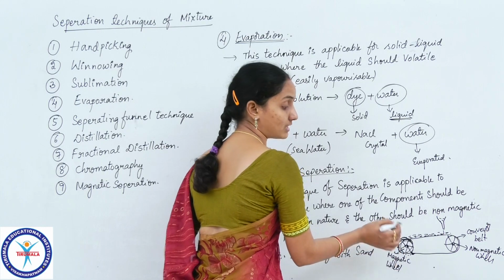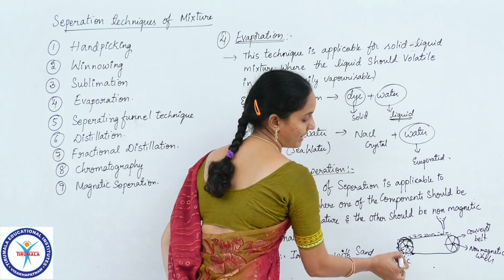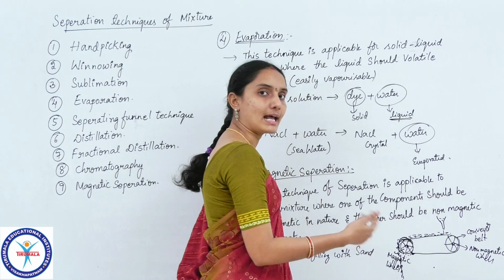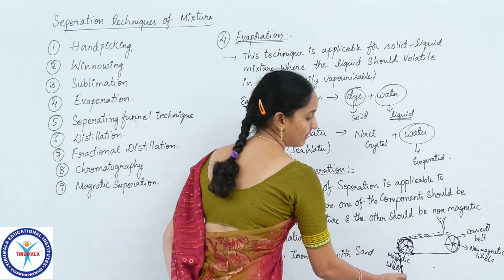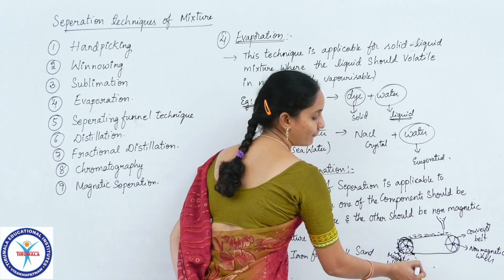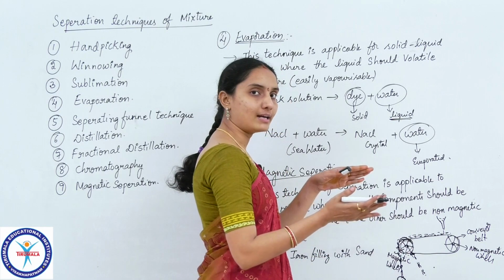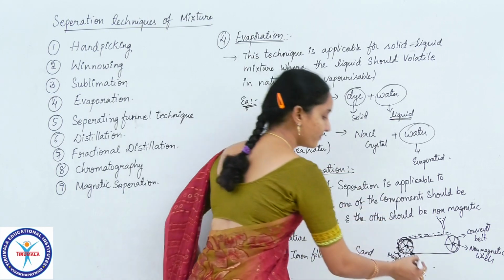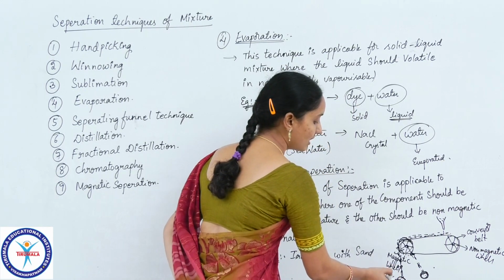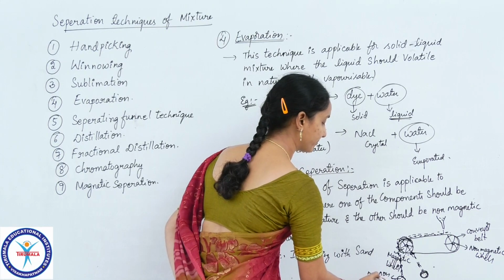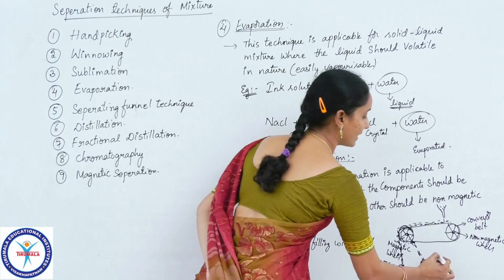The other component, which is non-magnetic, has no attraction to the wheel and just falls here itself, whereas the magnetic substance falls at a different place where the belt separates from the wheel. So we get two heaps of substances: one heap is the non-magnetic substance, and the other heap is the magnetic substance.